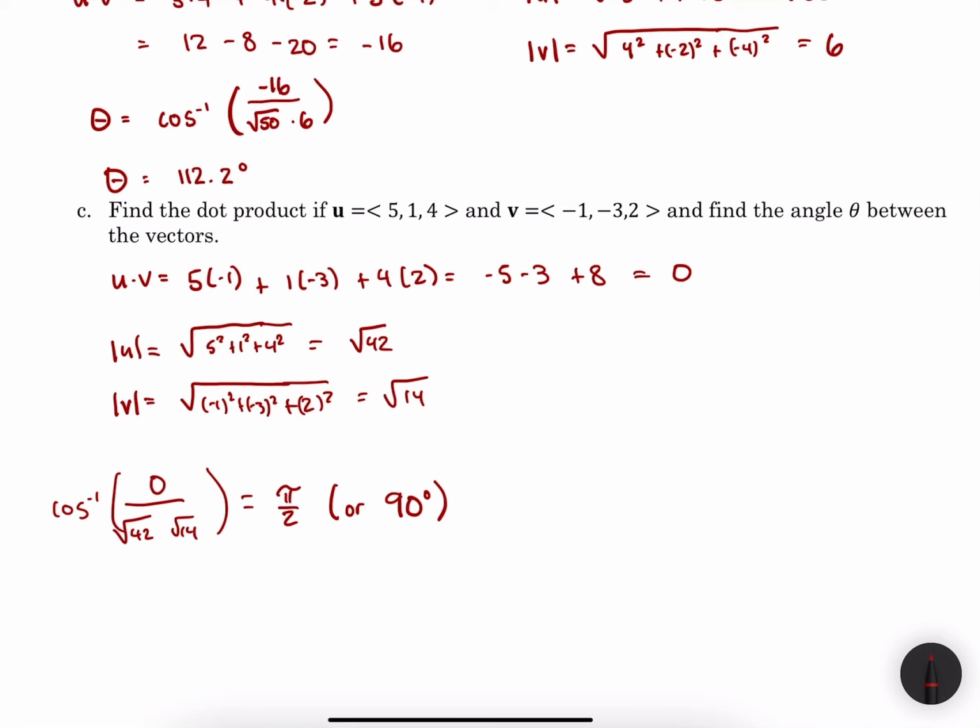So if it turns out that the dot product is 0, that implies that the angle between the two vectors is 90 degrees. We have reached something useful: when u times v equals 0, u and v are perpendicular.